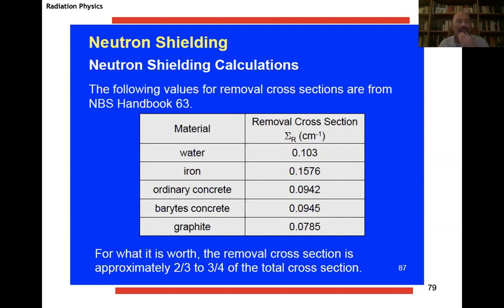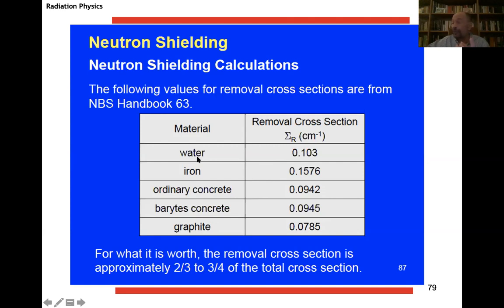This is the removal cross section for thermal and epithermal neutrons approximately, in different materials: water, iron, two types of concrete, the ordinary concrete and barytes concrete, and in carbon, in graphite. And these are values in centimeter to the -1 that you can easily use to calculate the number of neutrons that are found behind the given thickness of this material.